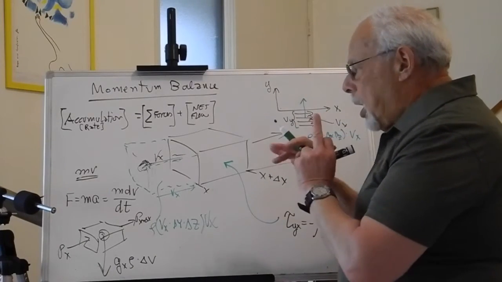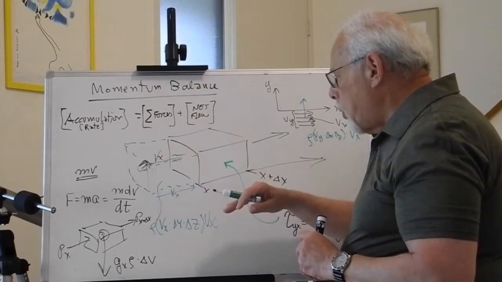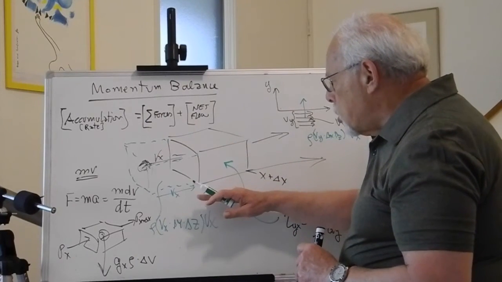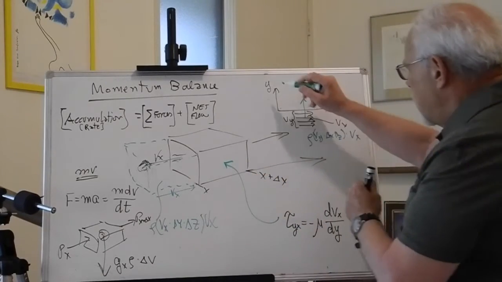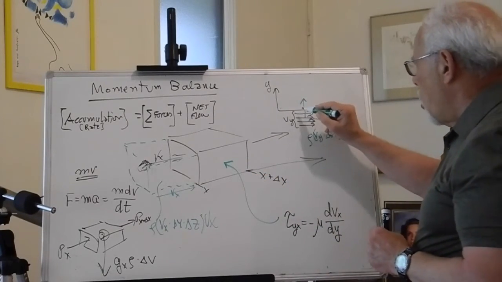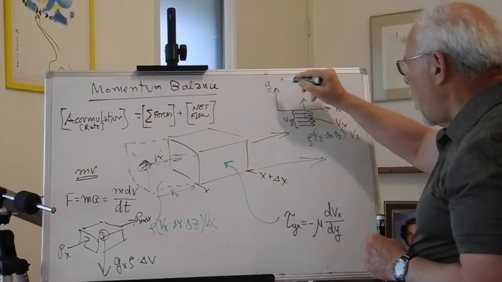Now, what's interesting is that the x momentum also enters through all the other faces. Here, this depicts the x-axis and the y-axis.